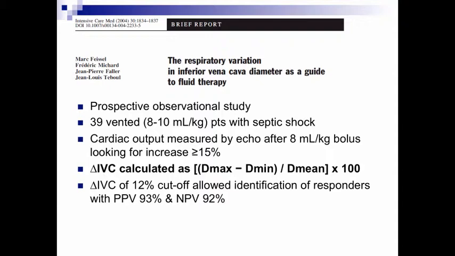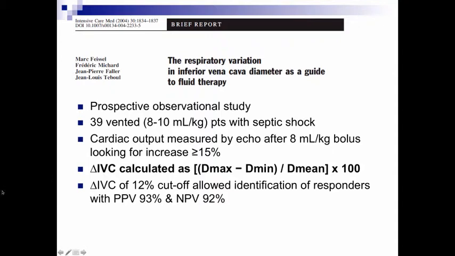They were all patients with septic shock. These investigators used cardiac output as opposed to cardiac index, again measured by echo, as their assessment of cardiac function improvement after an 8 mL per kg bolus of, again, a synthetic starch, and they were looking for a 15% bump up in cardiac output.